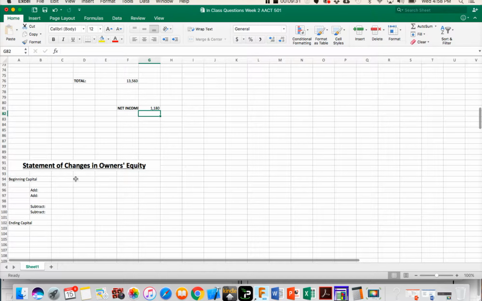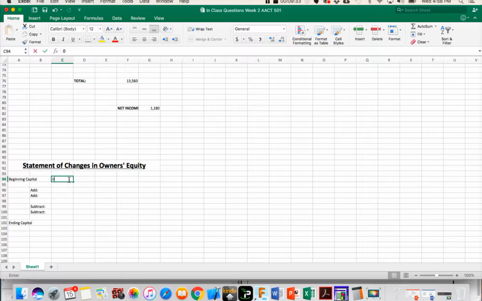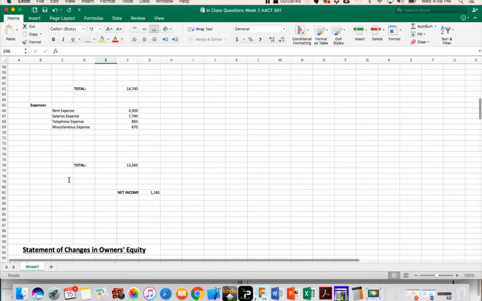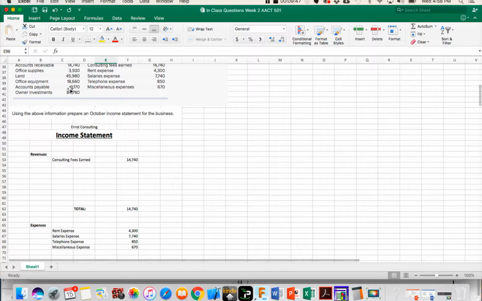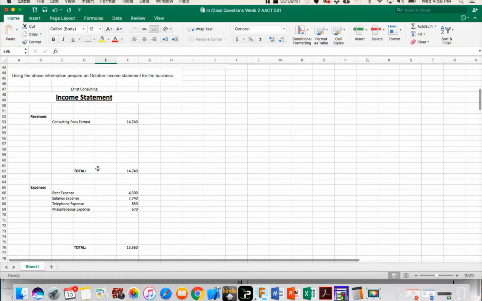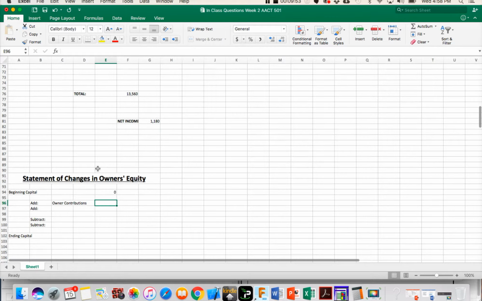Start down here. Beginning capital in this case would have been 0. To that we would add owner contributions for the period, and that was this amount right here, owner investments, $84,780.